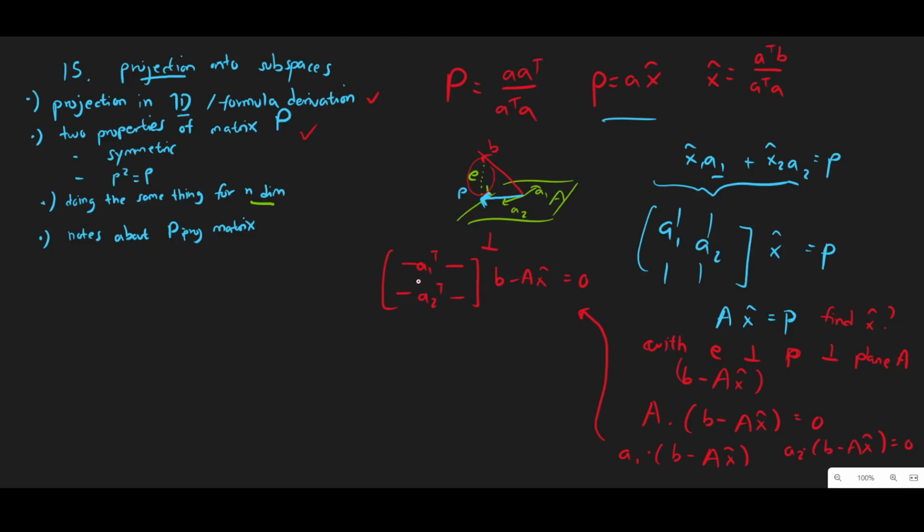And this is A transpose, because initially A consists of the vectors A1, A2 sitting in its columns. So again this will be A transpose, right?